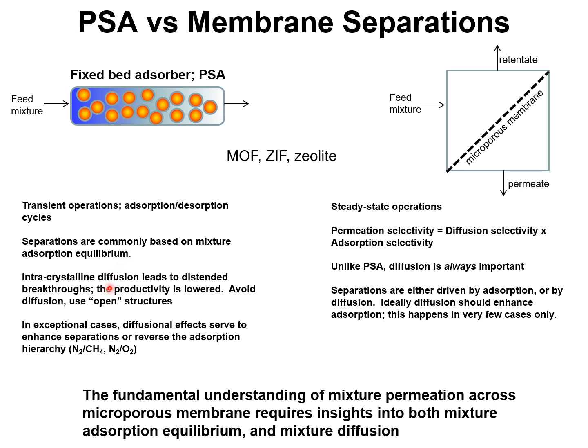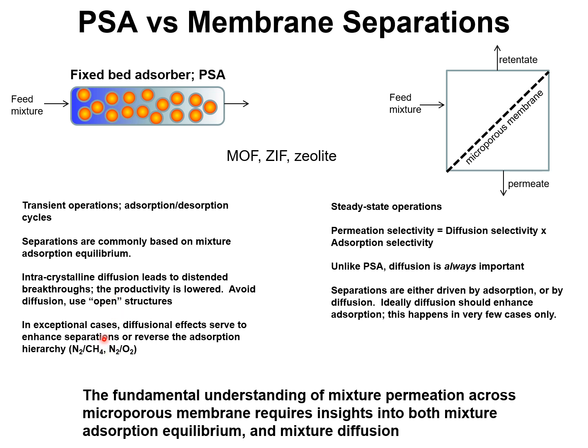Usually, intracrystalline diffusion limitations lead to distended breakthroughs, and the productivity of the desired product is lowered. We generally try to avoid diffusion limitations and choose the microporous material in an appropriate manner, and also by adjusting the crystallite size in the packed bed.